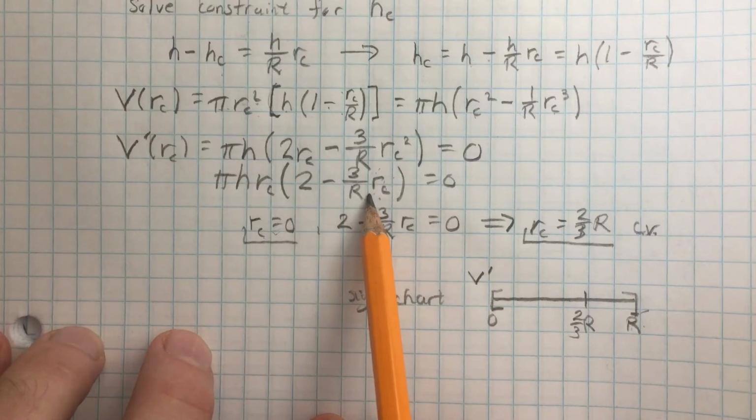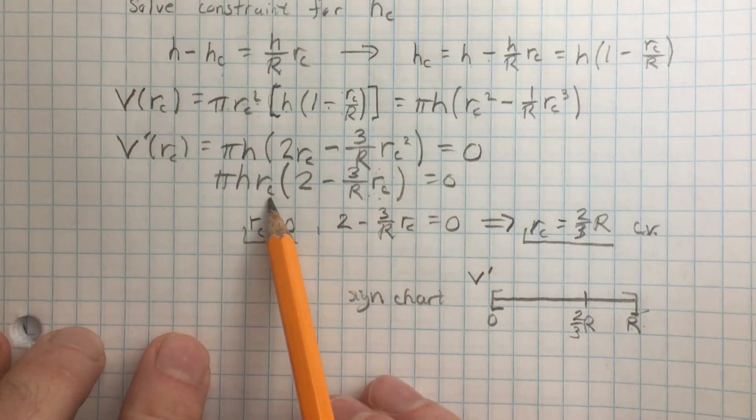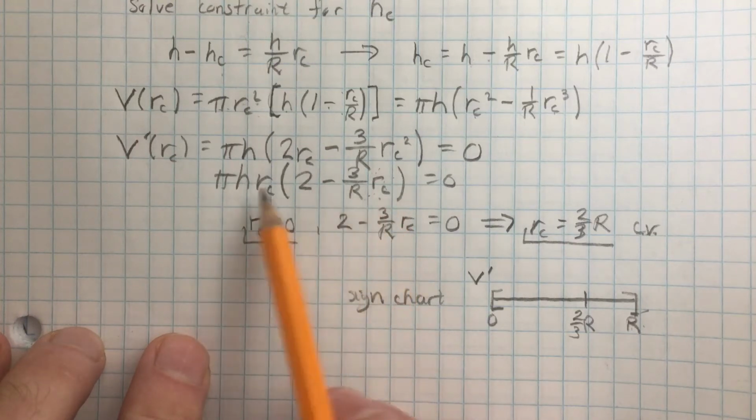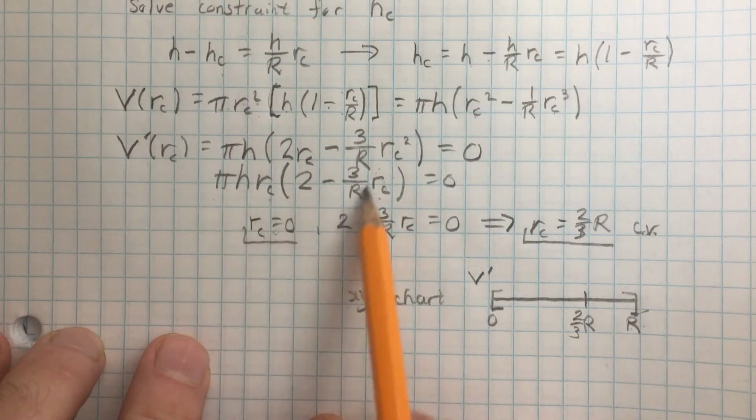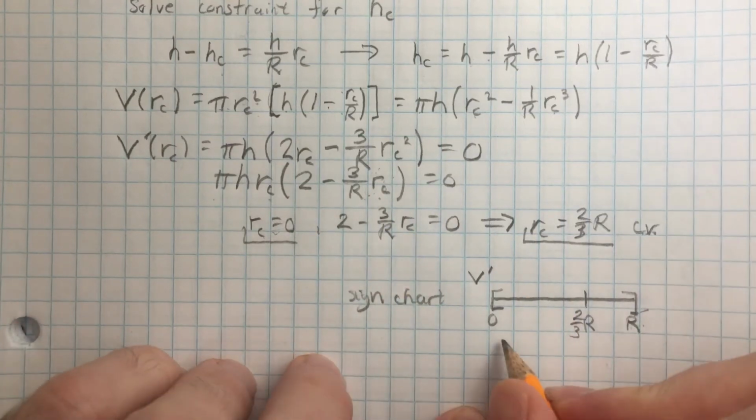You'd have 2 minus 1 is positive. If this is 1/3 R, it's also positive. So the whole thing's positive. All these measurements are positive, pi is a positive value. The whole thing would be positive if I were to pick a test case of 1/3 R.